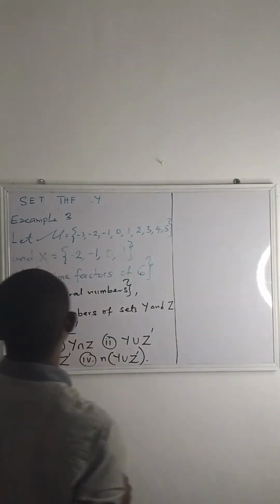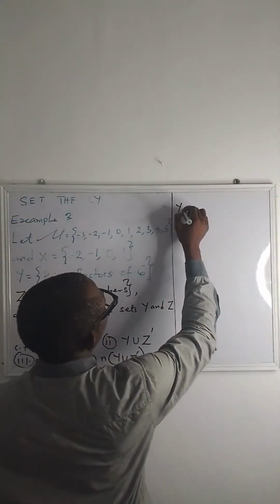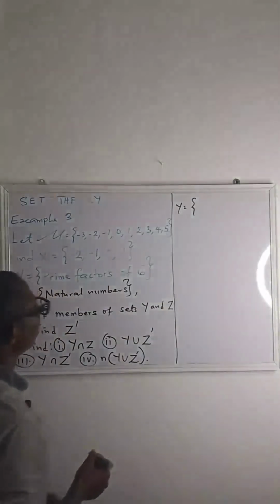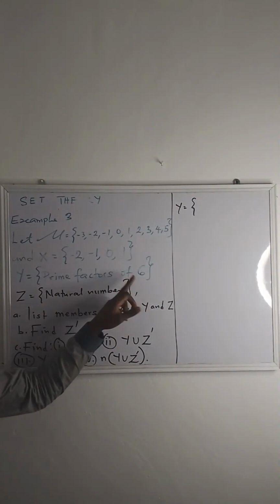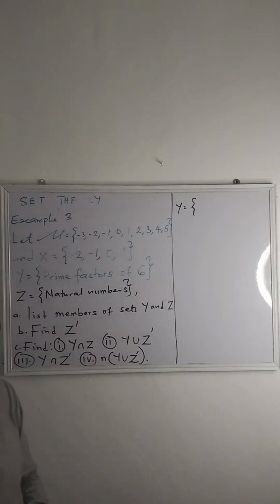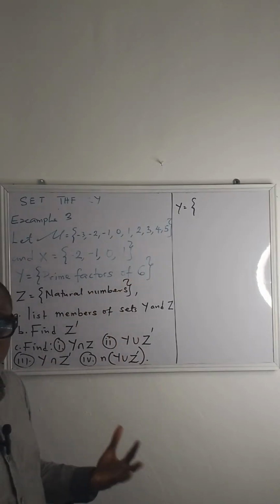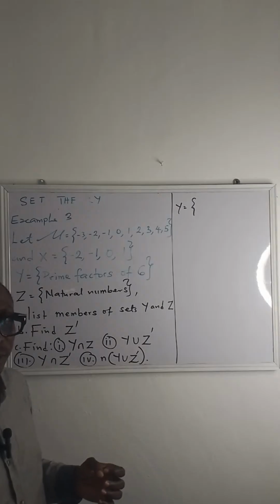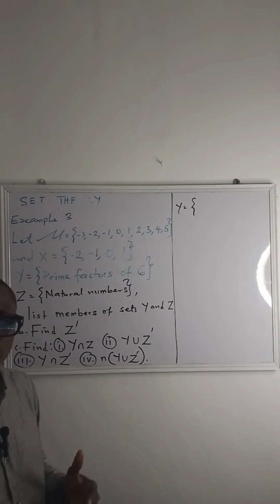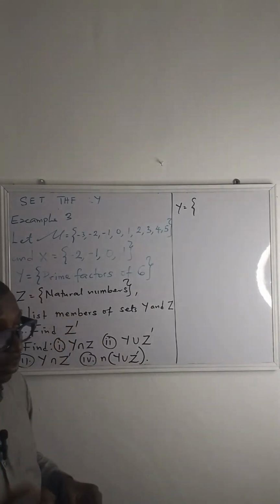Okay, so now set Y, the prime factors of 6. Prime factors of 6 are those prime numbers that will completely go in 6. Prime numbers are natural numbers with 2 distinct divisors. So we have 2, 3, 5, 7, and so on.